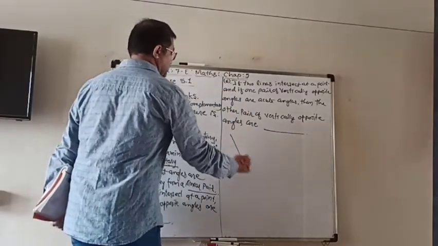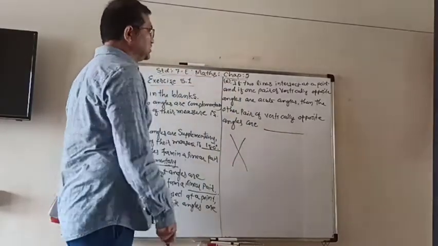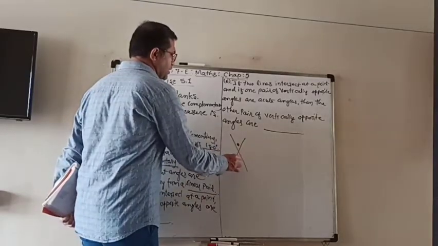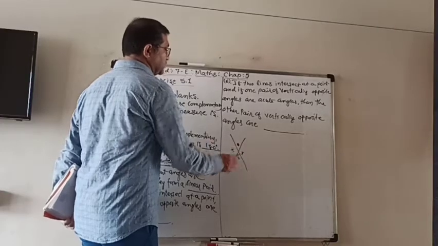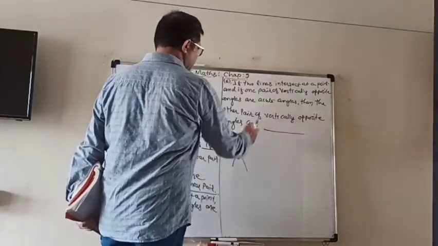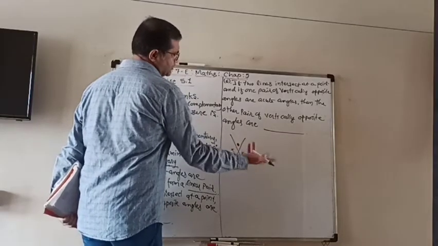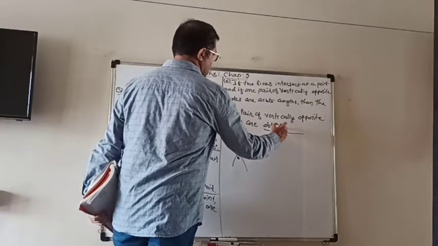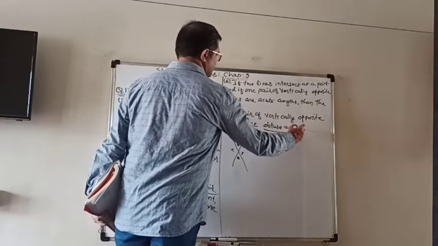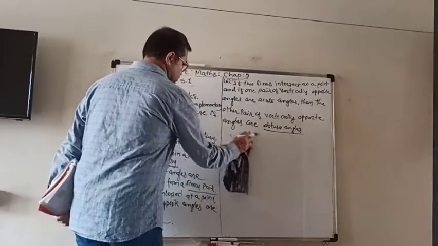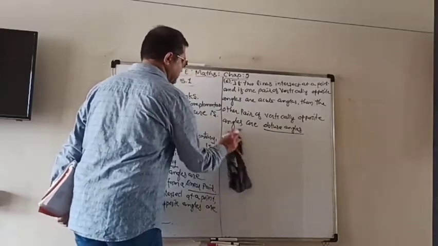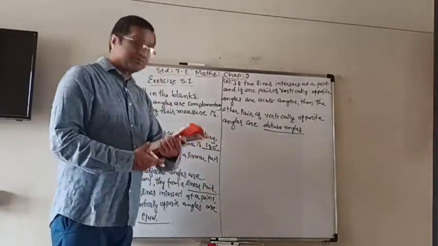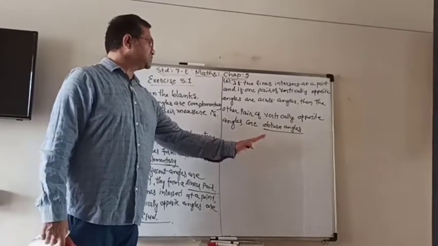Now look here, when two lines intersect at a point, we get two pairs of vertically opposite angles, one pair, and this is the other pair. So you can see that if one is an acute angle, then the other two will obviously be obtuse angles. So if one pair is acute, the other will be obtuse angles. So these are the blanks.